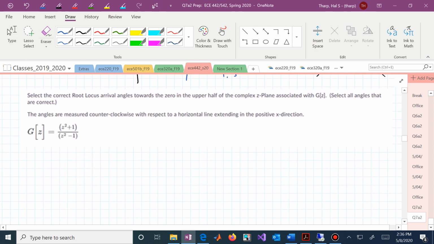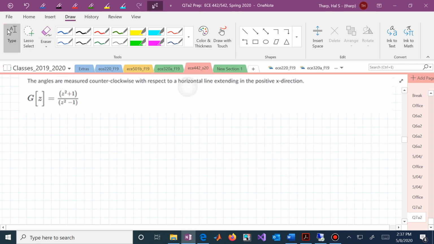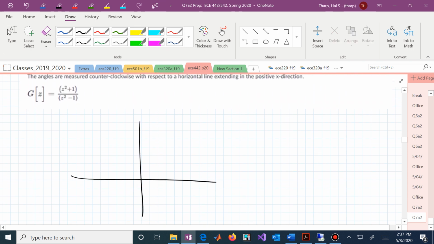Now select the correct root locus arrival angles towards the 0 in the upper half of the complex z-plane associated with g of z, and select all angles that are correct. The angles are measured counterclockwise with respect to a horizontal line extending in the positive x direction. That's how we measure all of our angles. This is now really just asking us for an arrival angle.